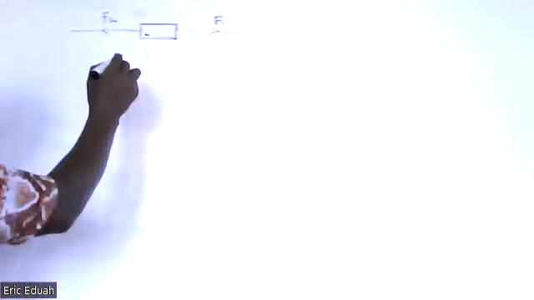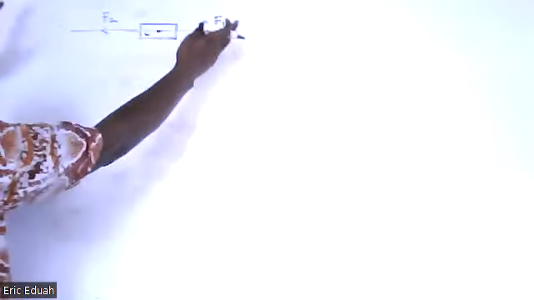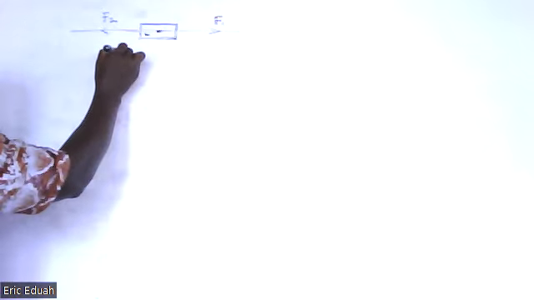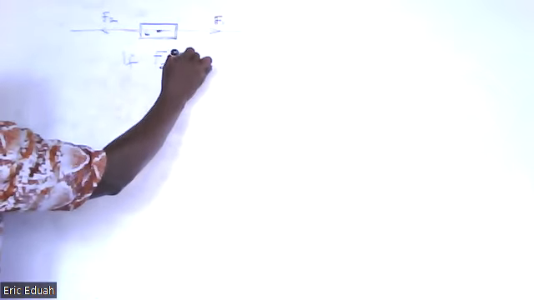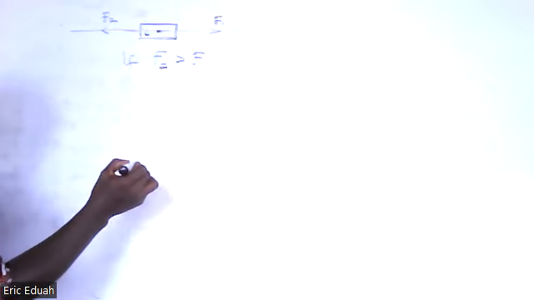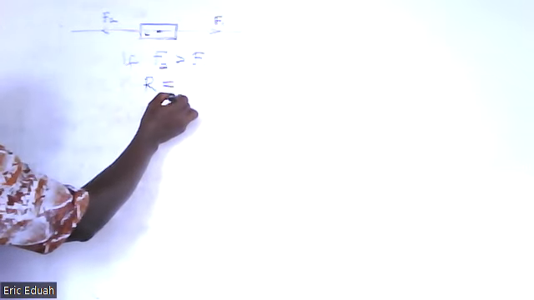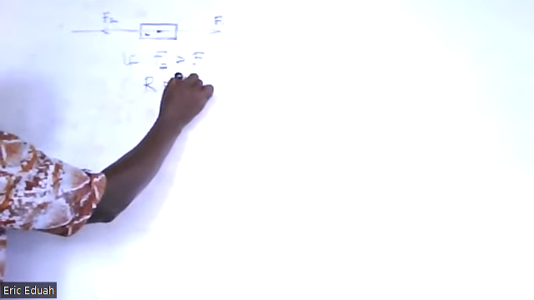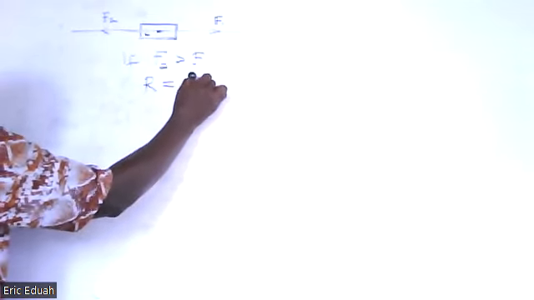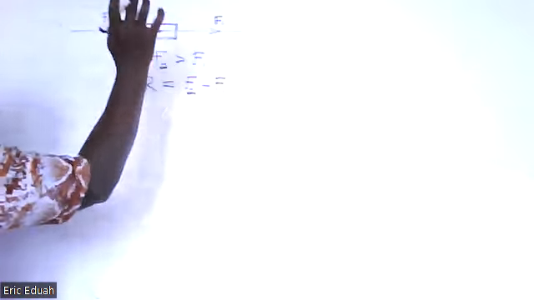So when two forces act on a body in this manner, if F2 is greater than F1, then the resultant force will be obtained by subtracting F1 from F2. The resultant is F2 minus F1.